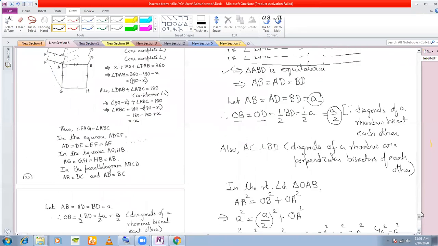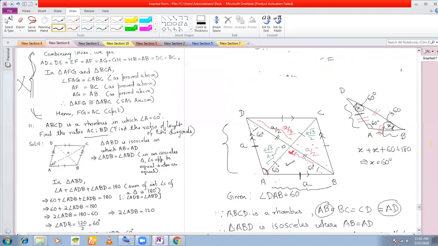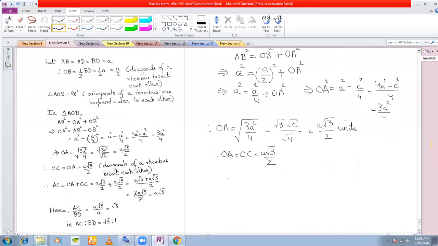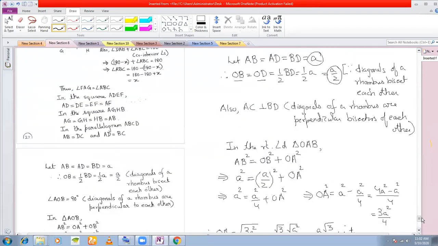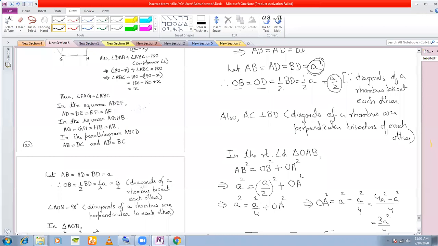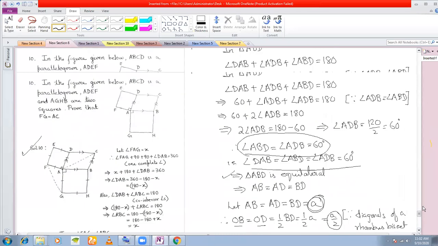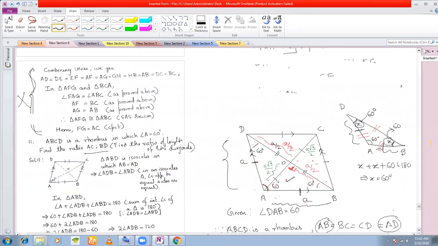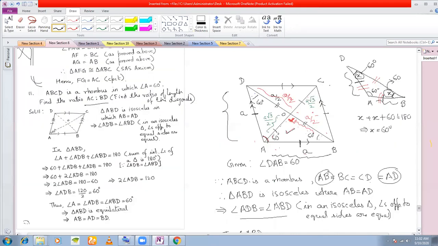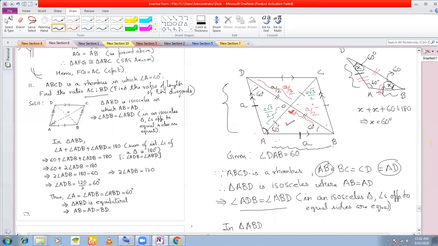Therefore, what should be the length of the diagonals now? What is the length of BD? The length of BD we had taken as A units, right? If you see, the length of BD we had taken as A units. And what is the length of the other diagonal, AC? What is the length of this diagonal? Let me mark here. This one.